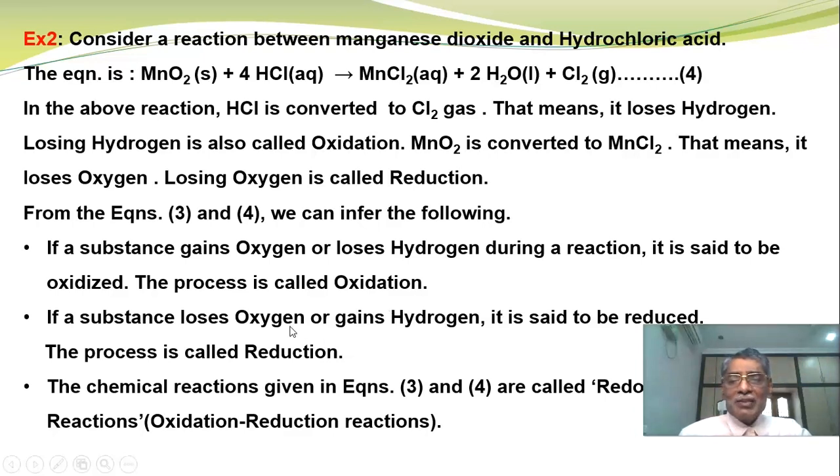If a substance loses oxygen or gains hydrogen, it is said to be reduced. The process is called reduction. The chemical reactions given in equations 3 and 4 are called redox reactions or oxidation reduction reactions.